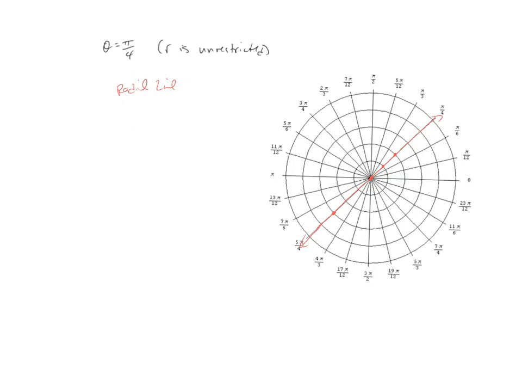I can verify this for you pretty quickly with a little bit of understanding that tangent of theta equals y over x, and our theta in this case was pi over 4, whose tangent equals 1. So if y over x has to equal 1, then x equals y, and that's the line, x equals y. So it works out nicely in a couple different ways.